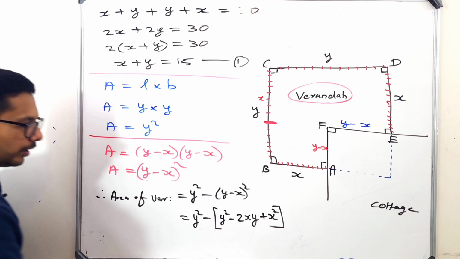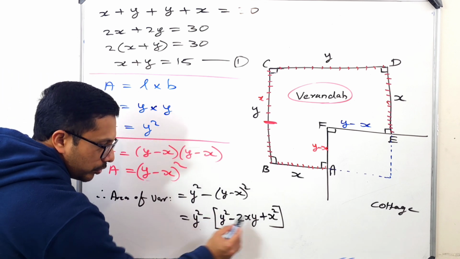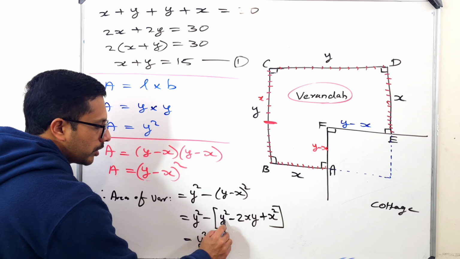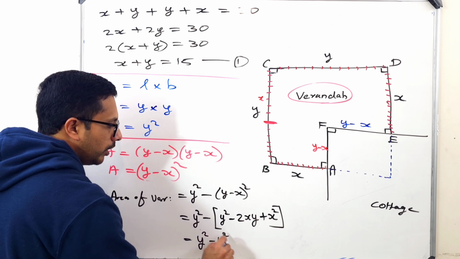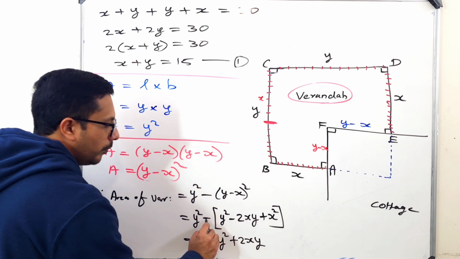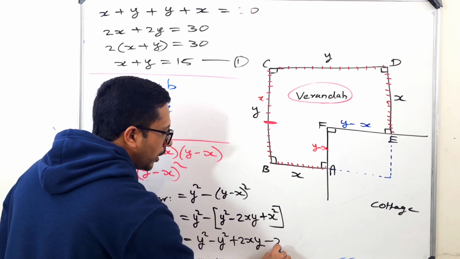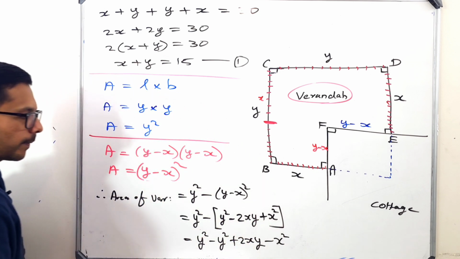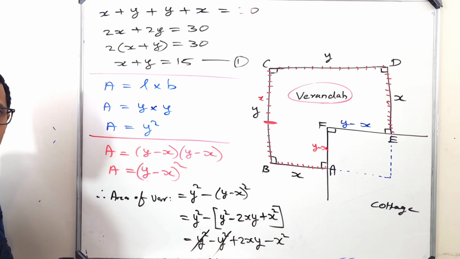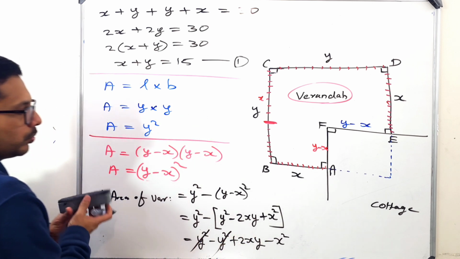So again expand this bracket, this minus you have to multiply with all of that. So it is y square, minus into y square is minus y square, minus into minus is plus 2xy, minus into plus x is minus x square. So can we cancel this positive y square and negative y square? So what is remaining? 2xy.